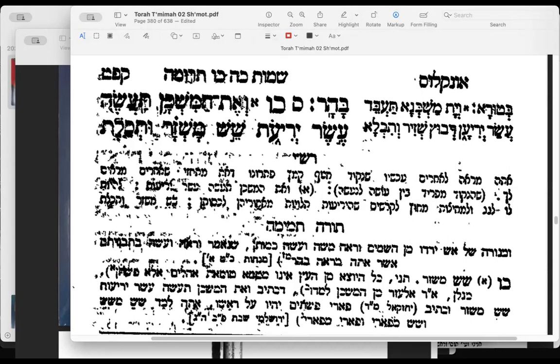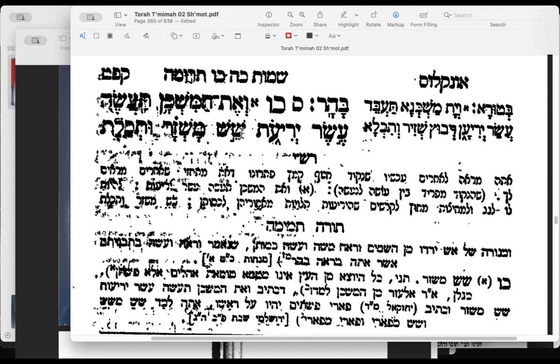But now we go on to a different subject, and so I'll just do the Hebrew, and then I'm going to show you some pictures. Ve'et hamishkan ta'aseh, see there's ta'aseh, right? And the mishkan, the tabernacle, you shall make, right? Eser yeriot, 10 curtains.